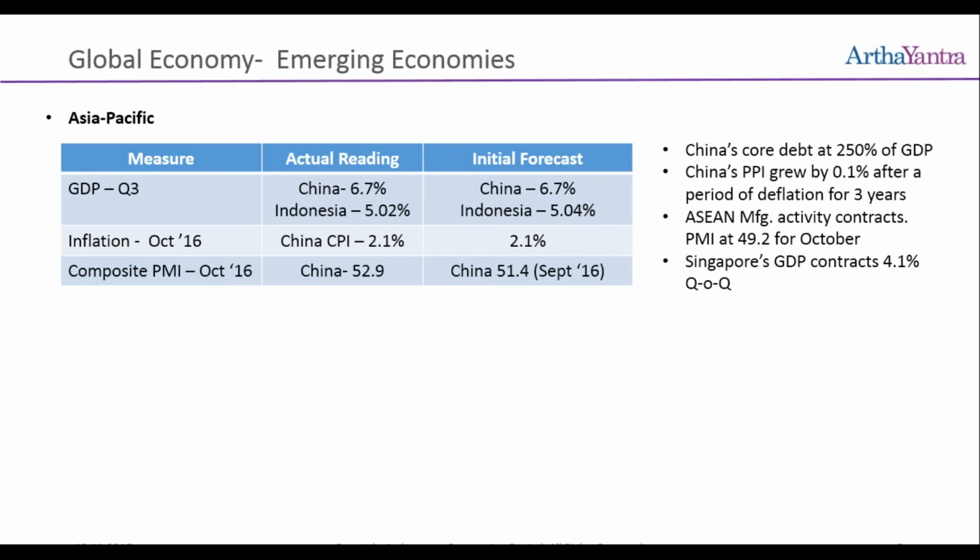In other nations in Southeast Asia, we had Indonesia, whose GDP expanded by about 5.02%, while it was projected to grow at 5.04%. Besides this, there is Malaysia, the third largest economy in the southeast. Malaysia's GDP grew by 4.4%.